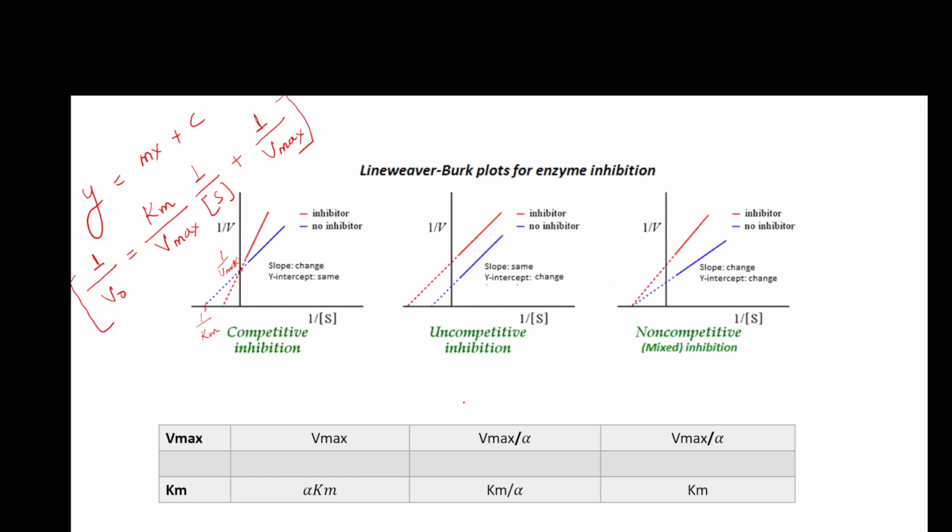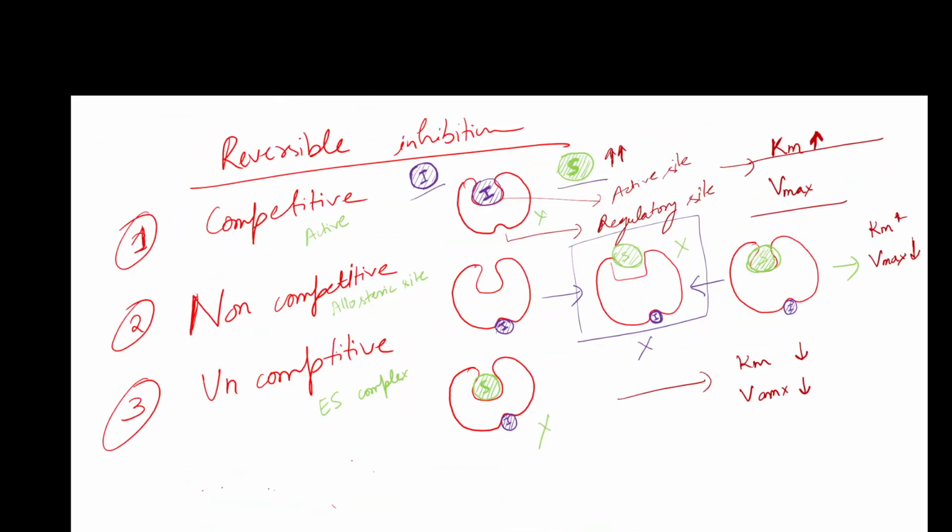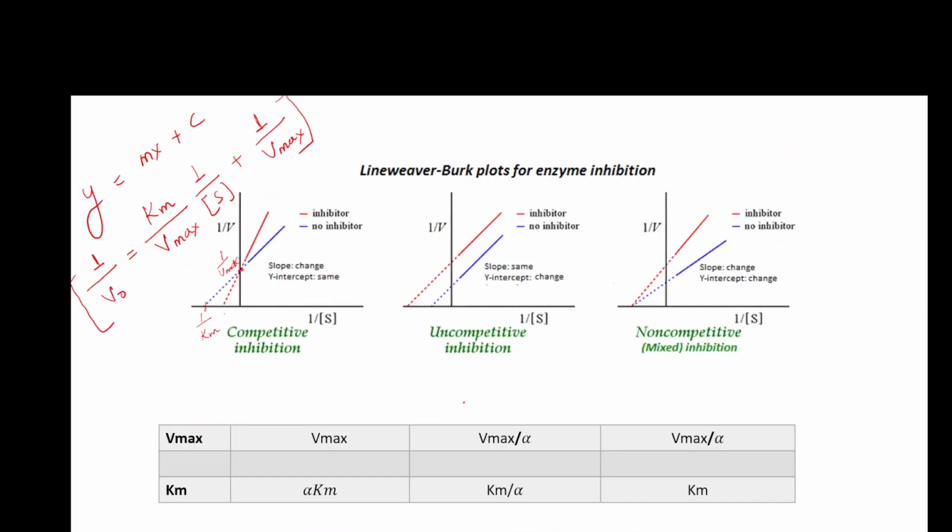Okay. And here, in case of competitive inhibition, you can see the y-intercept remains the same. I think I mentioned, yeah. So here you can see it is coming closer, that means it shows a much higher value than the previous value in presence of substrate.